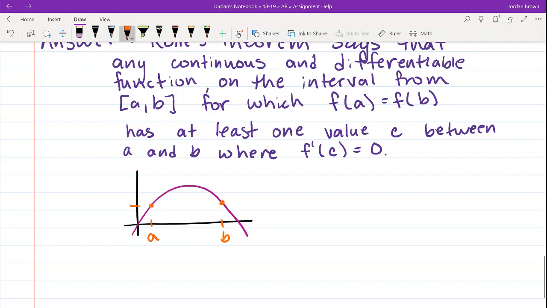And here, the y values are the same, okay? So Rolle's theorem says that there is some value of c for which there's a horizontal tangent line.